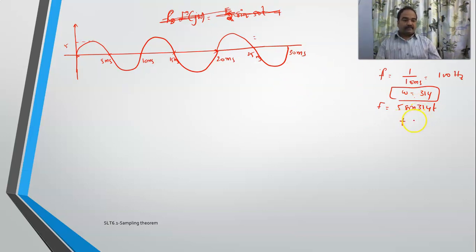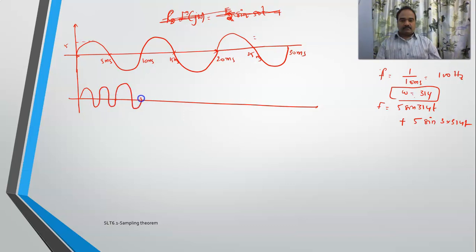Now let us suppose I assume that it is having a third harmonic component also, 3 into 314, which means there is another signal which is included in this one. Actually, these are all sinusoidal, but I am unable to draw them.